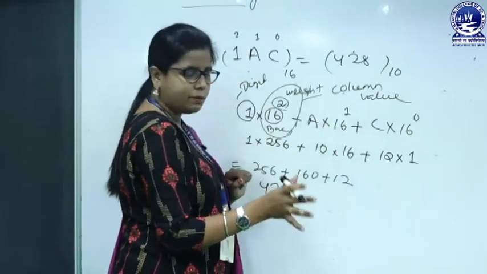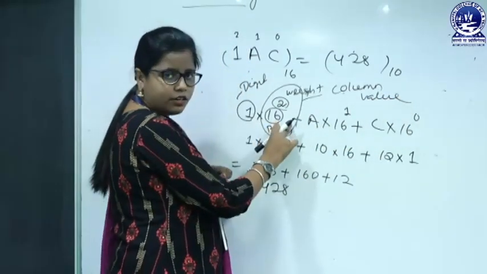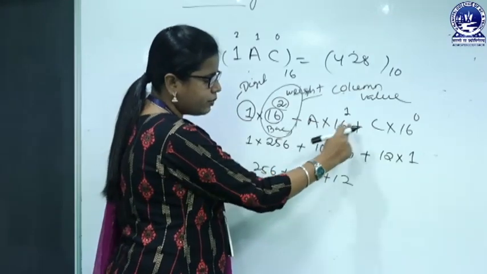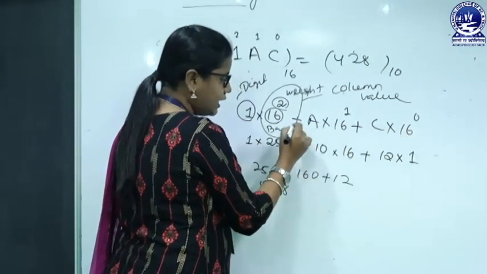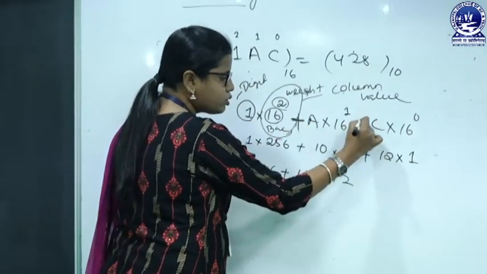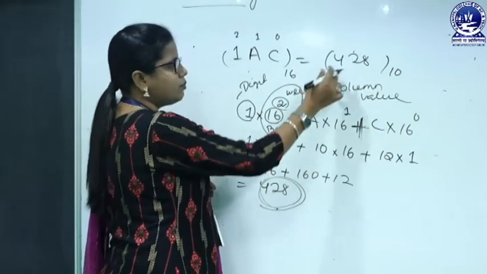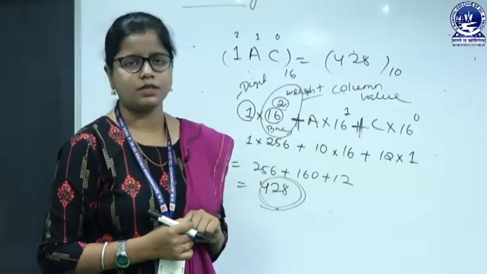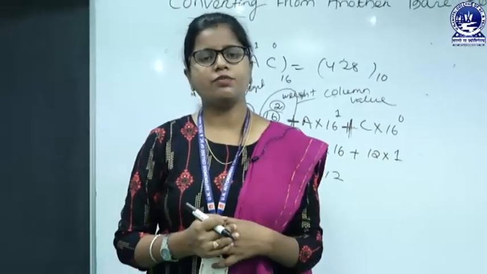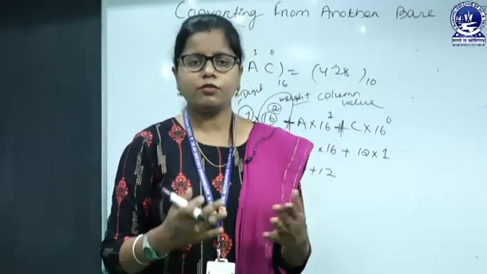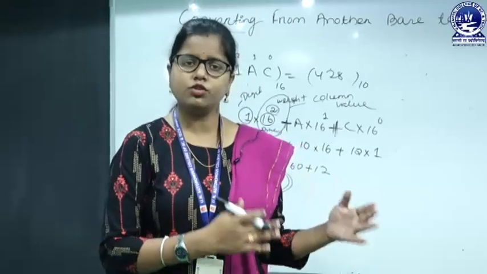We are multiplying the digit by the column value, digit by the column value, digit by the column value. Then we add those products, and whatever final result we get will be the equivalent decimal number. In our next class, we will go for converting from the decimal number system to any base.